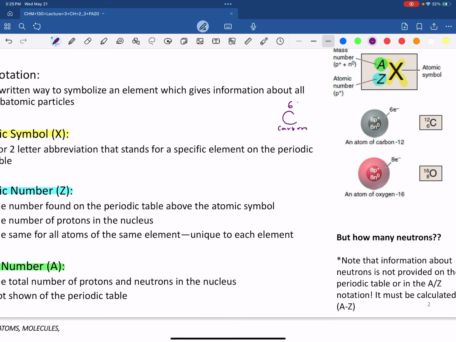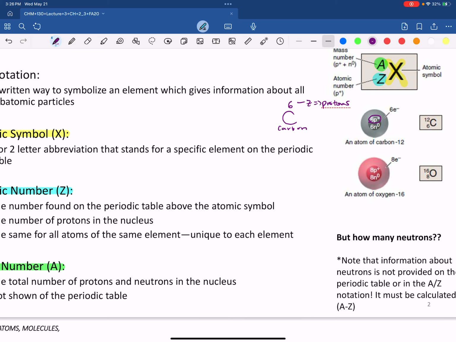So 6 here is your Z. It is also the number of protons because the Z is the atomic number, which tells you the number of protons. That's why you have 6p here in the center in terms of this drawing, okay?